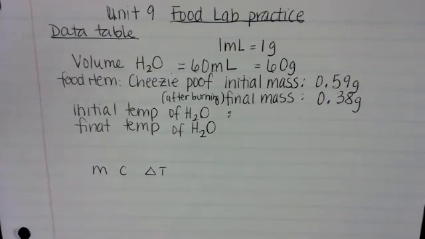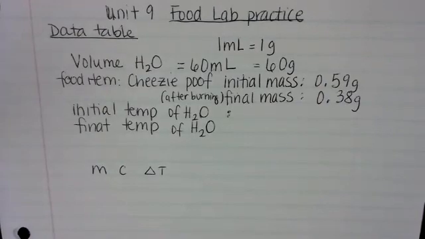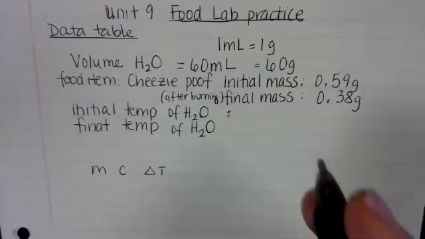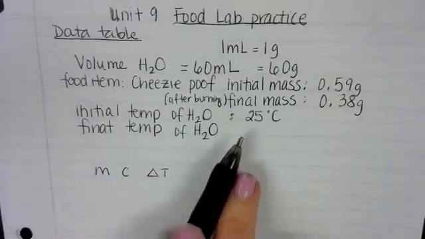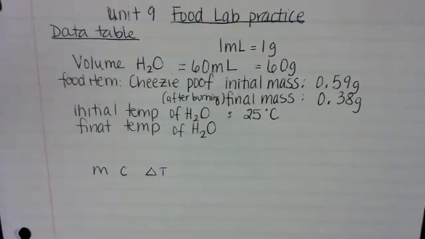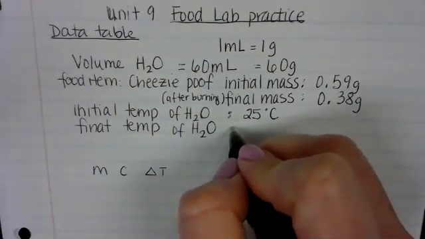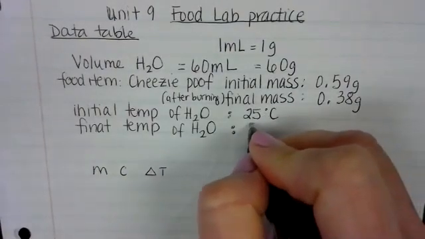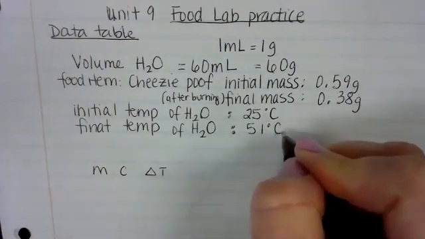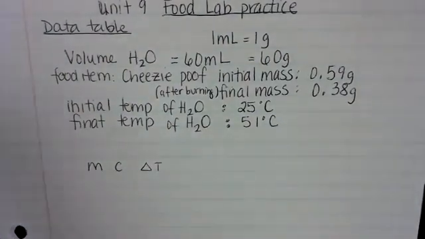We'll use the balance basically. Your initial temperature was about room temperature. 24 or 25 is room temperature, so I wrote down 25, but of course you'd be taking that temperature with a thermometer. And then my final, it went all the way up to 51 degrees.